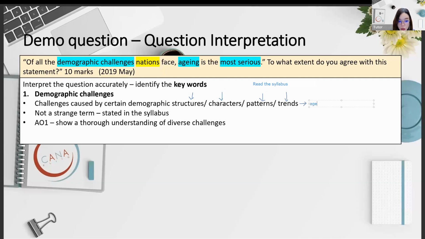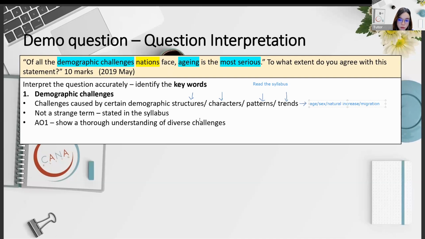It's about age, it's about sex, it's about whether you have natural increase, or it's about migration, things like that. These are just a few examples. It basically covers all types of demographic issues or some special patterns that you can find in the syllabus.